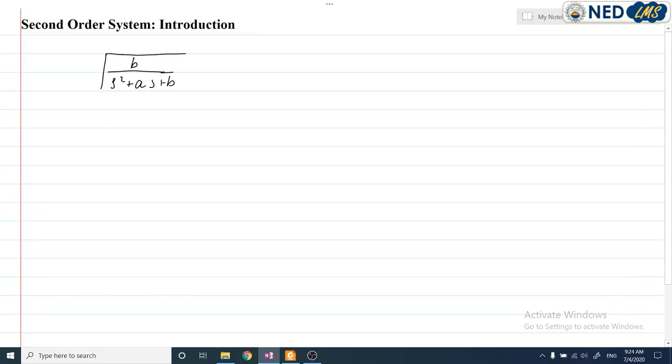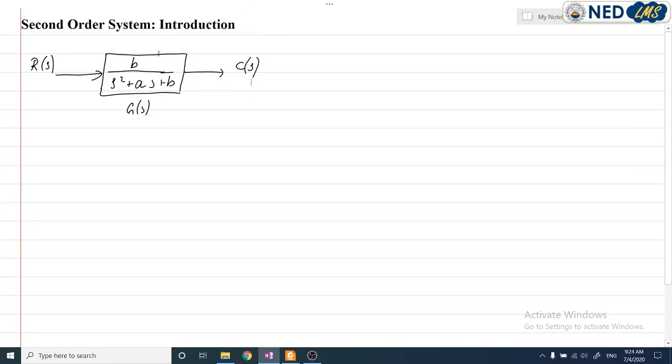This is a general second order system transfer function. This is the input r of s, and this is our output c of s.